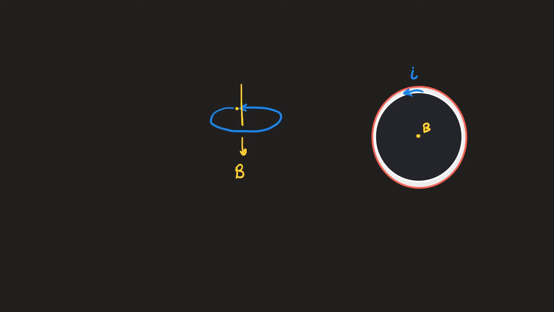Now, I'm not trying to confuse you. I am trying to ensure that we know an electron is a negative particle. Its orbit should create a magnetic field. And if it orbits in a circular path, that magnetic field will be through the center of its orbit, and it will be in the opposite direction that the right-hand rule would give.